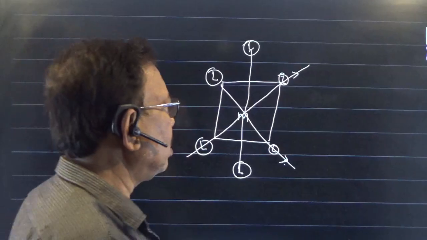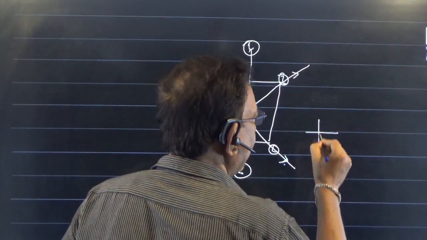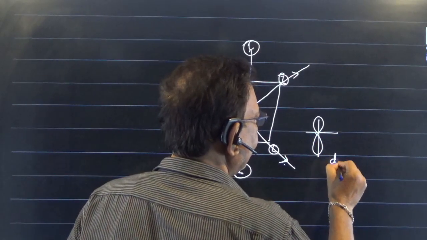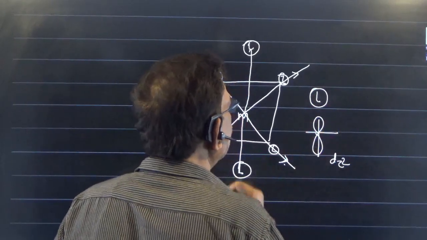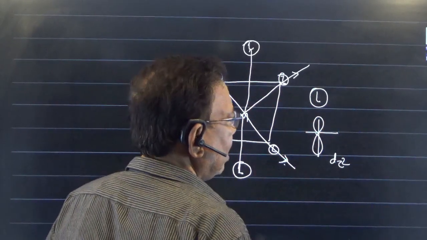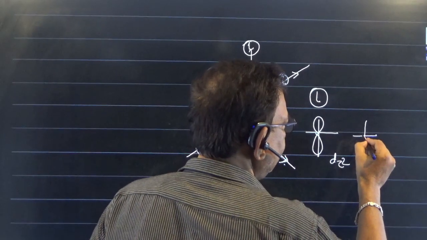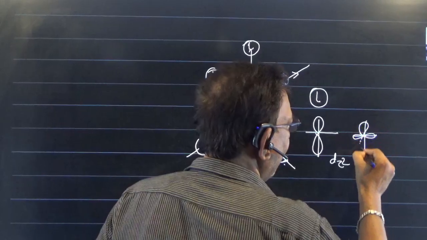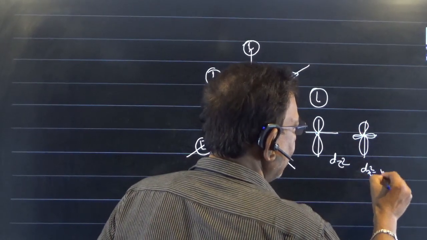So already you know this is your dz square, and another is dx square minus y square.